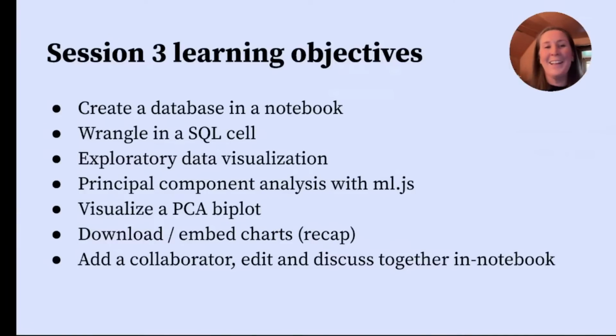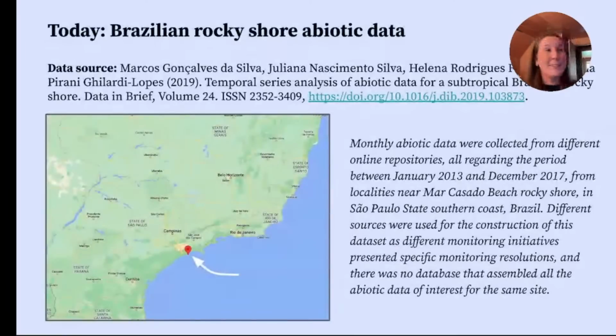All right, so today, a little introduction to the data set that we're going to be using. So far, we've been using charismatic creatures. We're switching over to really critical abiotic data that has meteorological information from rocky shores on Brazil's southeastern coast, just west of Rio.